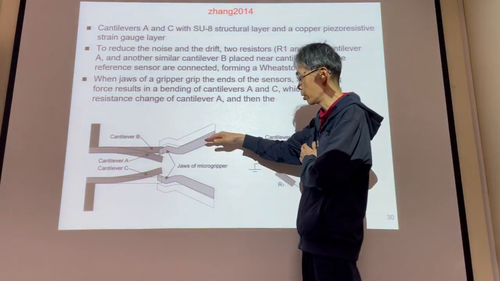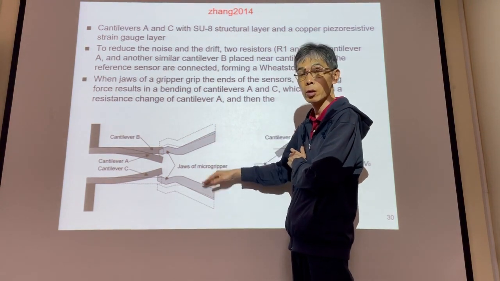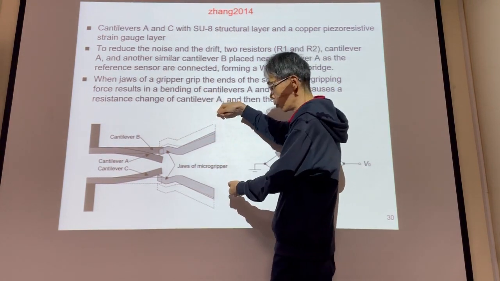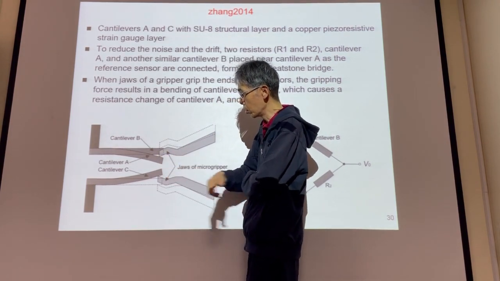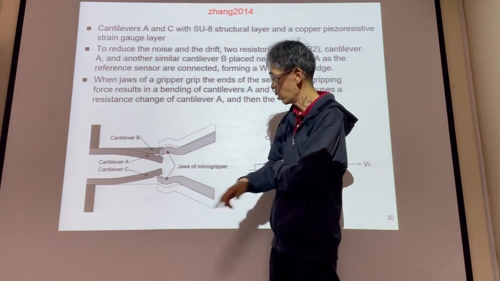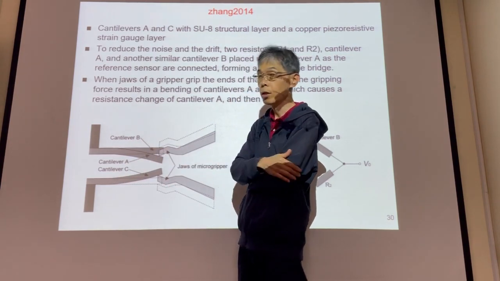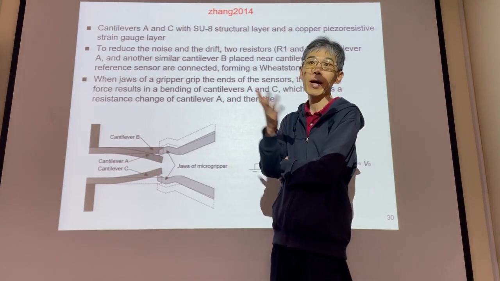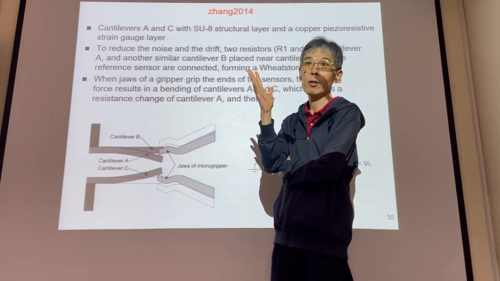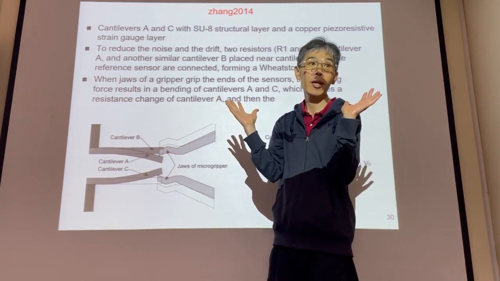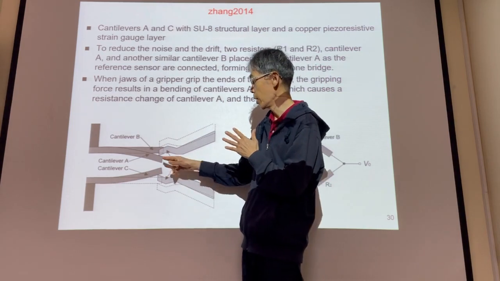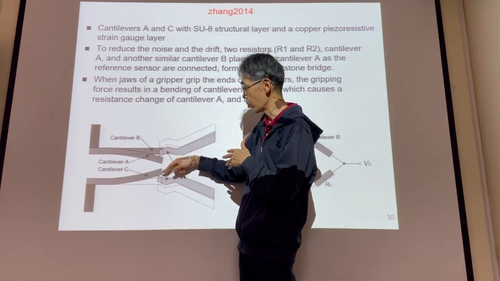See, we have the gripper. So we control the gripper to grip the cantilevers. And you can think cantilever B is the reference device. It won't deform. So the R value of B stays the same. But A is deformed by the gripper.